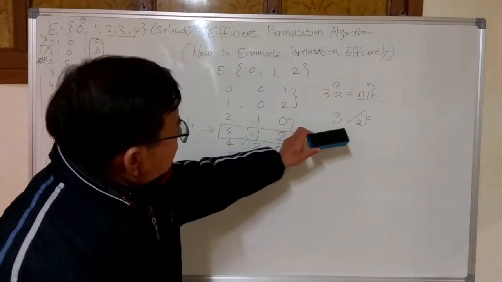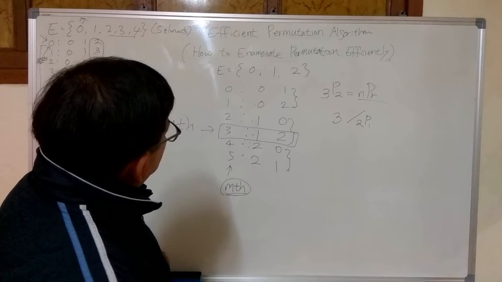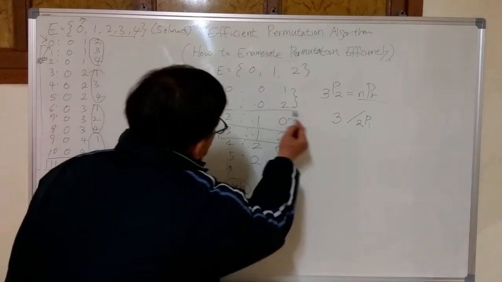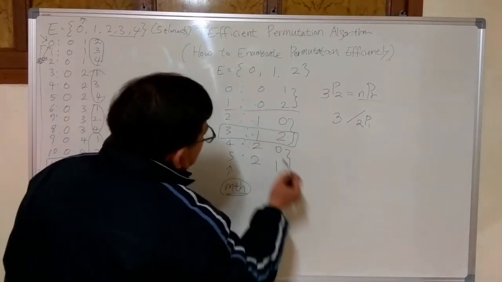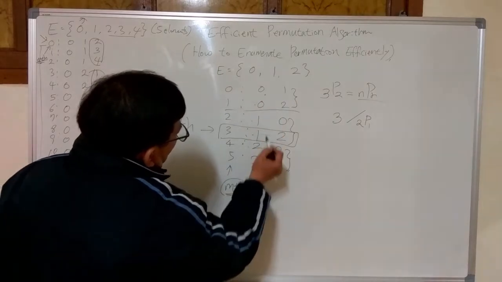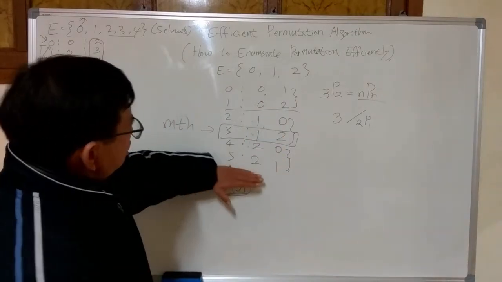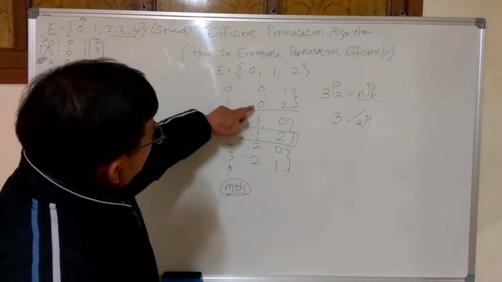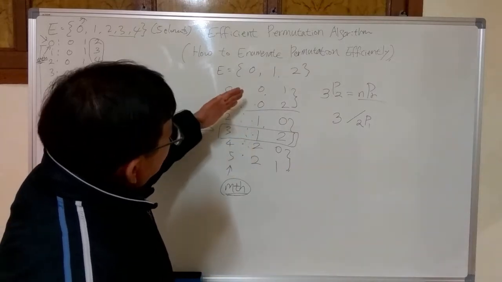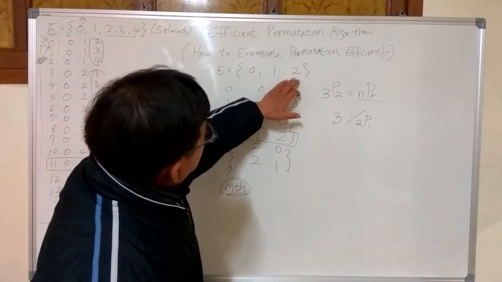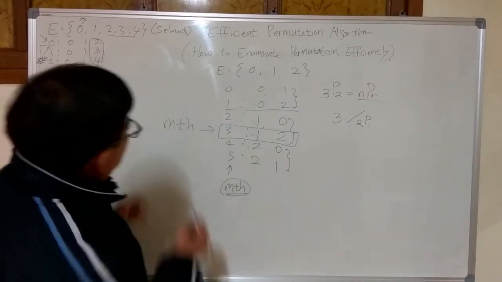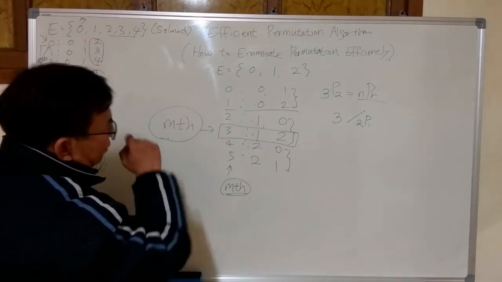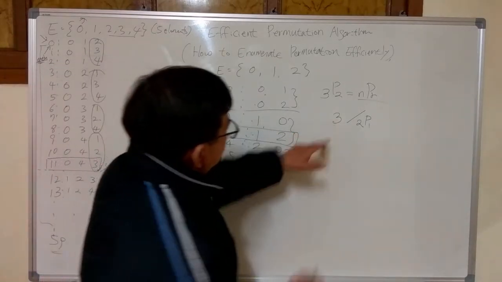Why we are doing this is because we are going to select the first element of our set 0, 1, 2. To choose the first element, we understand that we have among 3 elements, this is m, from m.